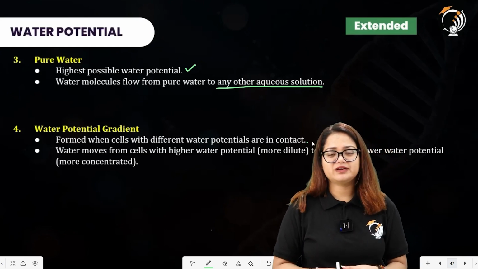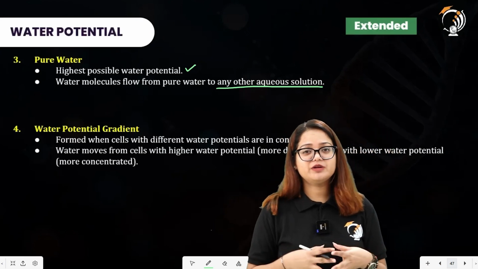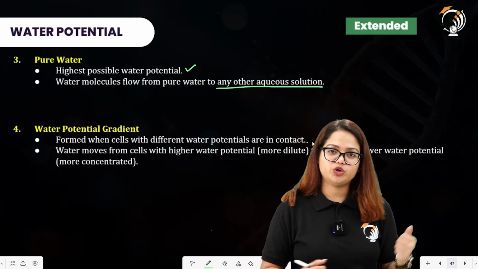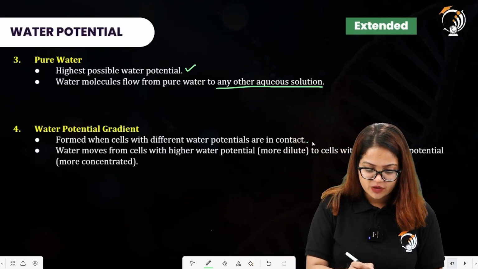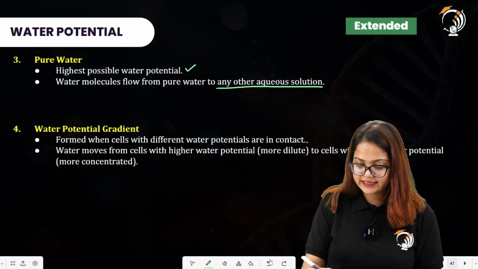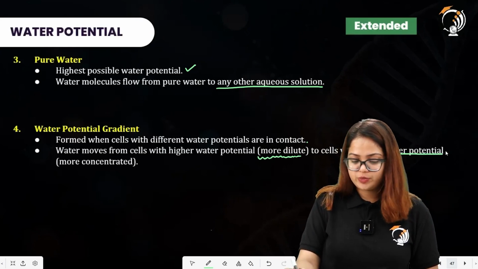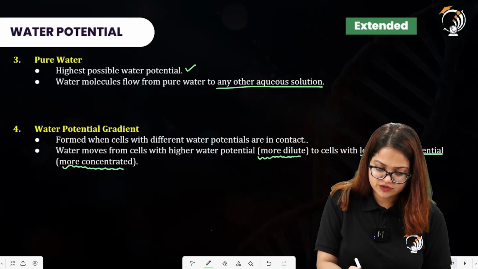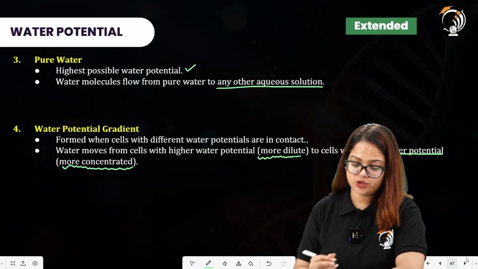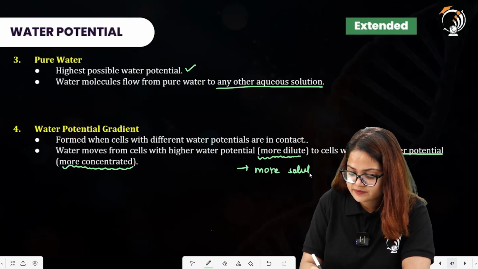So, there will be a cell that has high water potential and one that has low water potential. So, there will be a movement of water molecules from a region of high water potential to a region of low water potential. All right. Then water moves from a cell with higher water potential, that is more dilute, to cells with lower water potential, that is more concentrated.